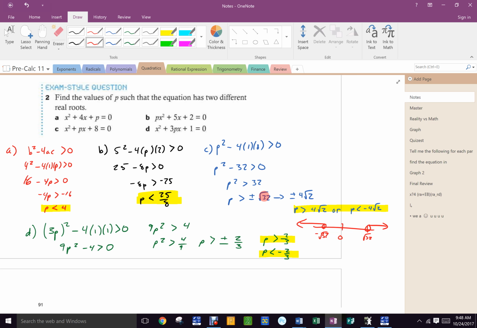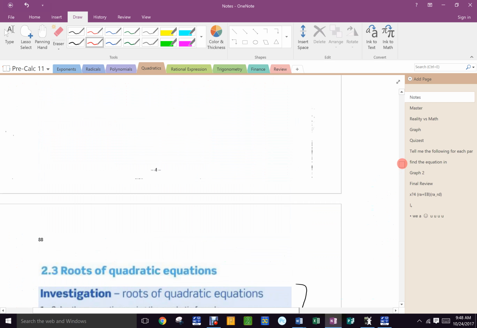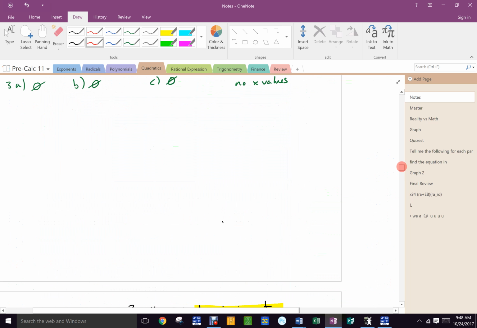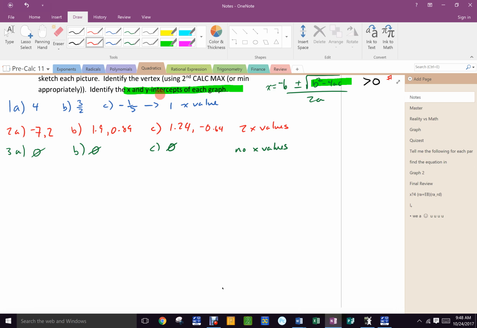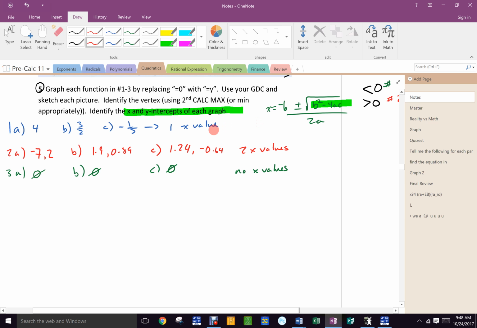Yeah? All right. So you don't even need to turn your books, but we're back on page 88. And we used our calculators to find all our maximums and minimums, yes? If the parabola, just to remind you, you don't have to write this down, looks like that, is that vertex a max or a min?